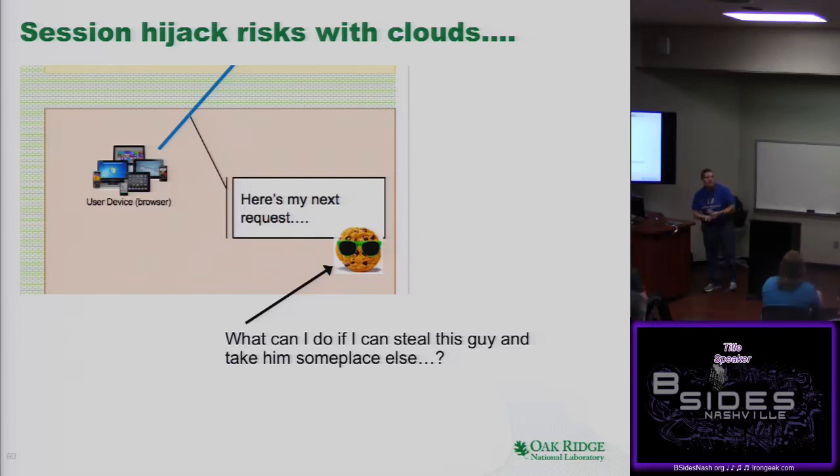But this then leads to that question: if somebody's doing this, they can potentially replay that session cookie into the cloud from someplace else where I have no information, and if I can't get information back from the cloud provider about who is doing what, I'm blind to an attack I would really rather not be.